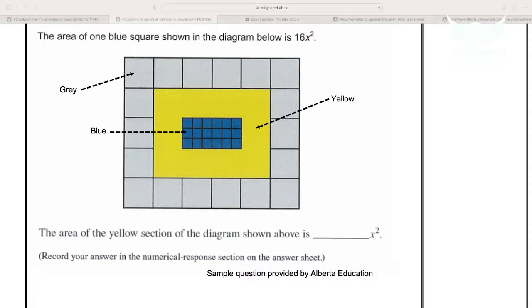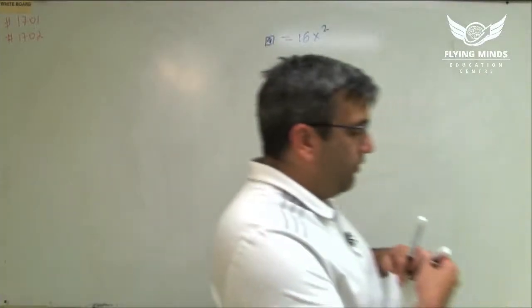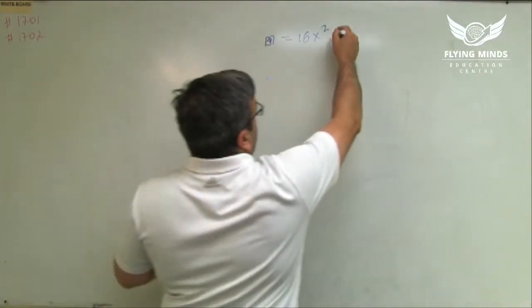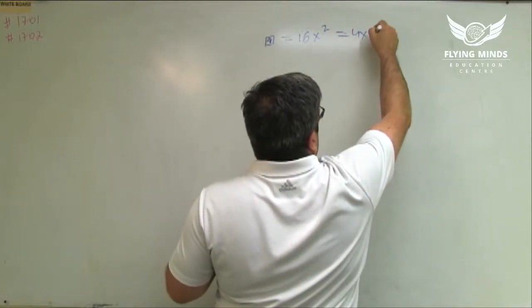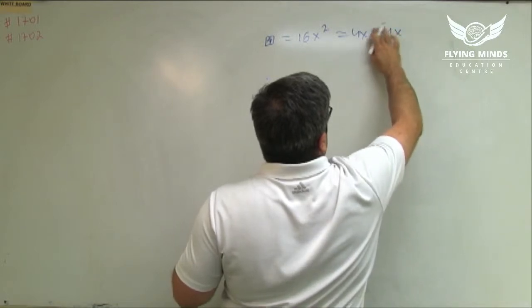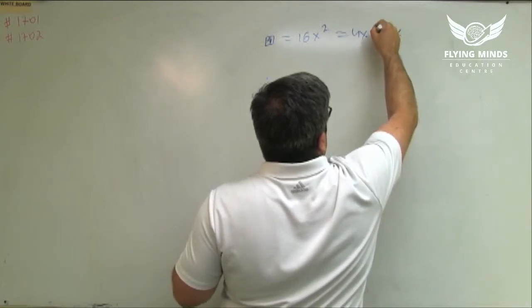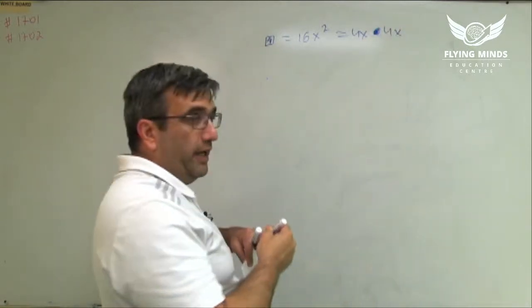Right, and we see that 1 gray square right here is equivalent to the length of 3 blue squares. So the dimensions of the blue square are 4x by 4x.